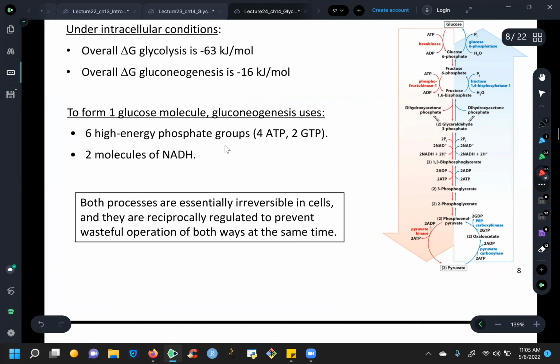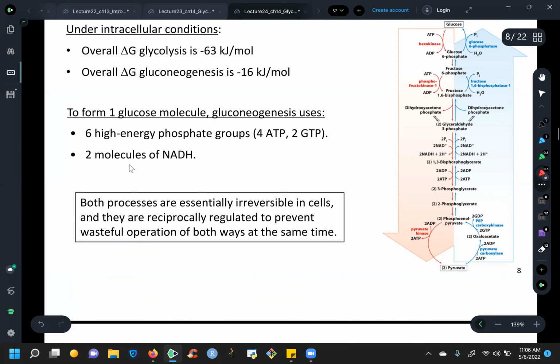She's definitely going to be asking you about differences between glycolysis and gluconeogenesis. So to make one glucose, you need 6 high-energy phosphate groups. ATP is a high-energy phosphate group, and so is GTP. So you need 4 ATPs and 2 GTPs for the gluconeogenesis pathway.